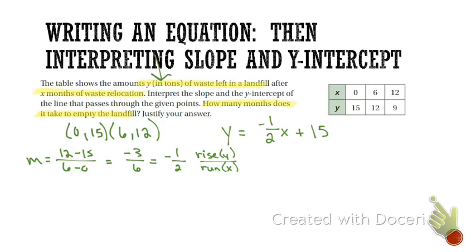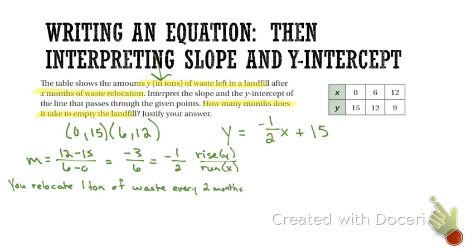It took 2 months. So just something along the lines of you lose or you relocate. We can use their word: you relocate 1 ton of waste every 2 months. Just interpreting the slope. Boom, we're done with slope.